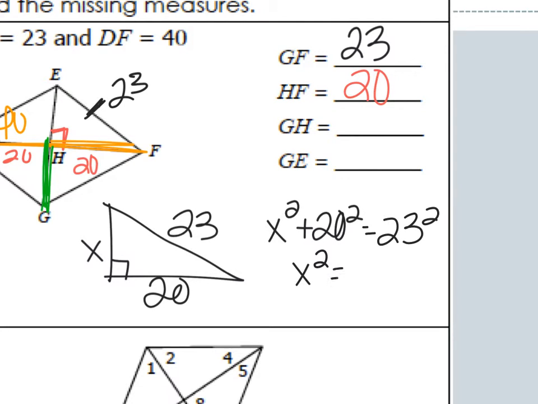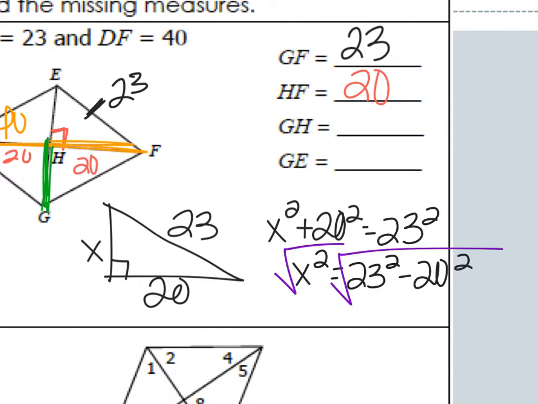X squared equals 23 squared minus 20 squared. Square root both sides. Square root of 23 squared minus 20 squared is 11.4. So GH is 11.4, which means this whole thing, GE, is going to be 22.8.